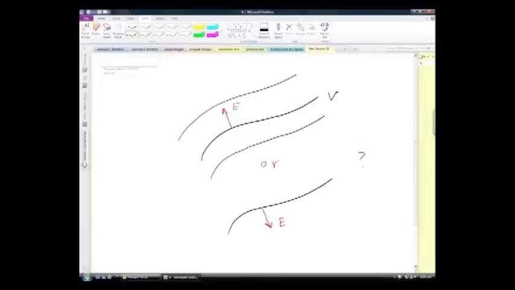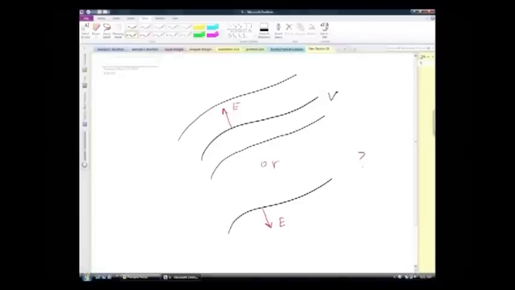If you know that the potential value here is higher than the potential value here, what does that tell you about the direction of the electric field then? We said that if you move downstream, your potential should be going down.